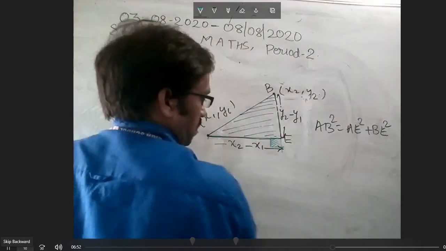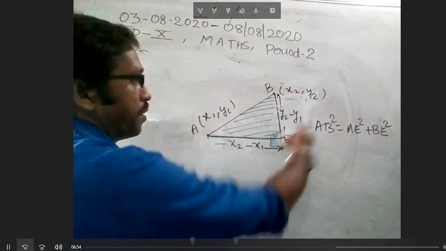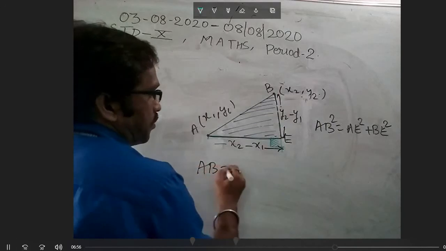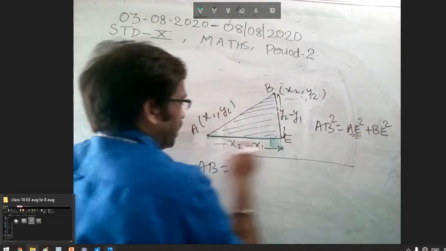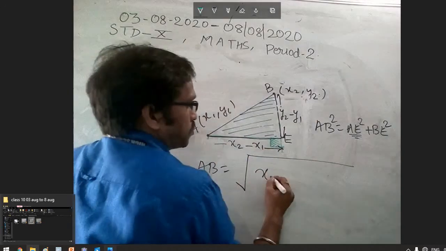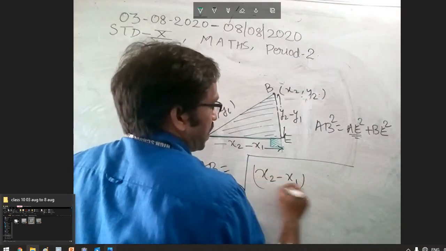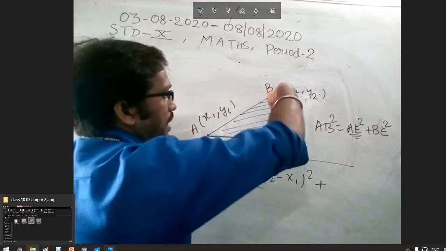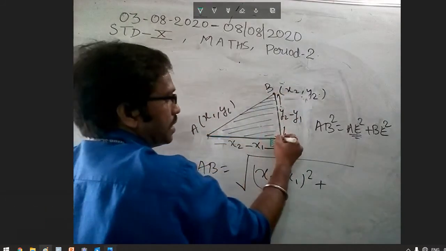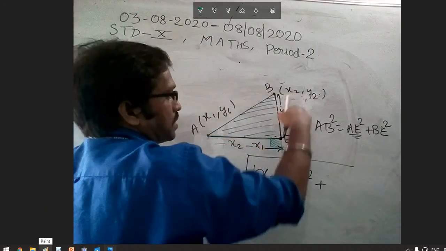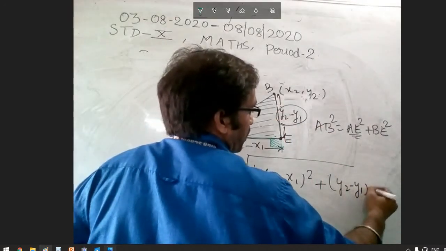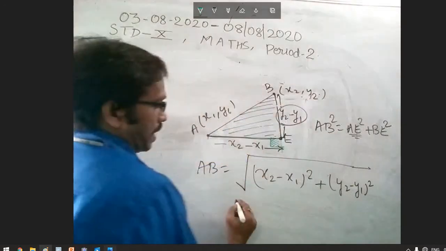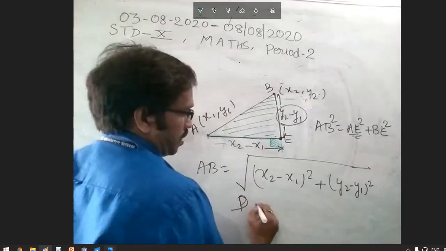So AB square is equal to AE, which is x2 minus x1, whole square, plus BE, which is y2 minus y1, whole square. So now we have found our AB.